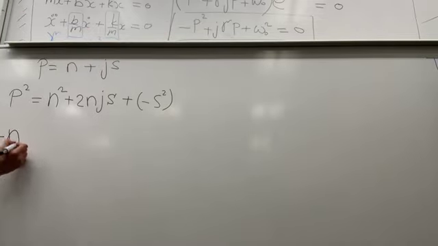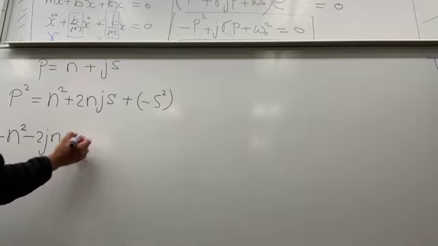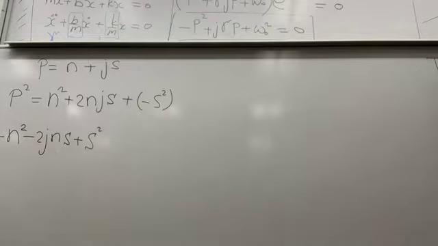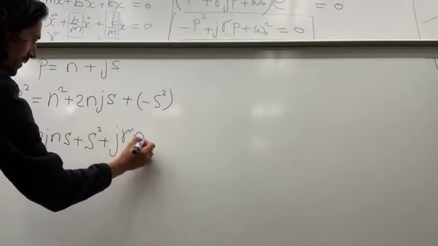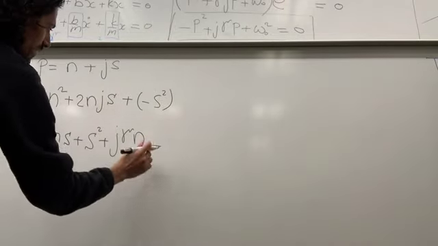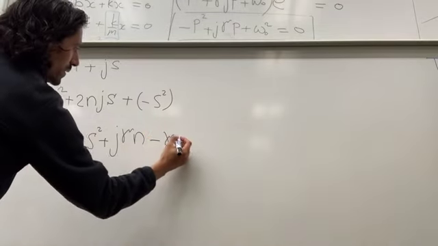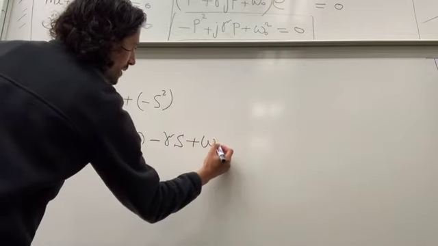So we have a minus n squared, we have a minus n squared, we have a minus 2jns, minus would be a plus s squared, that is p, plus j gamma times p, that is j gamma n, and then j gamma times js, that's a minus gamma s, plus omega 0 squared equals 0.